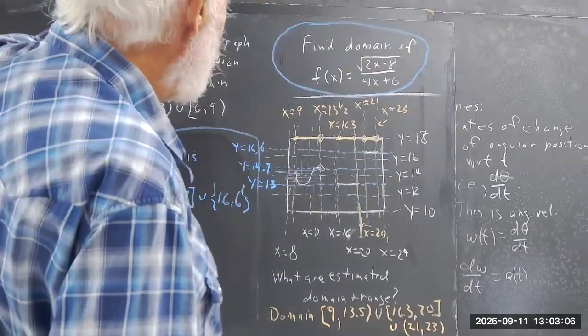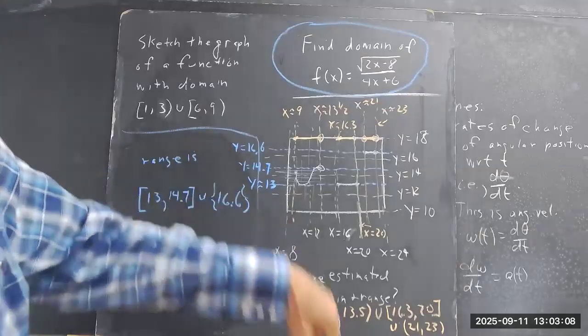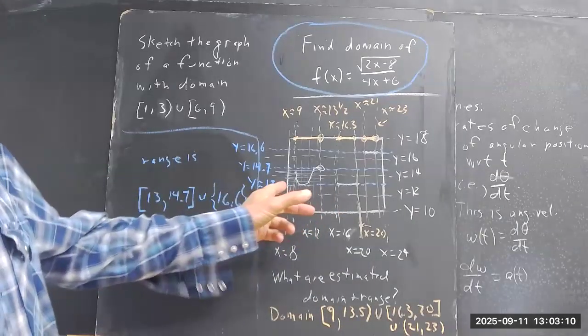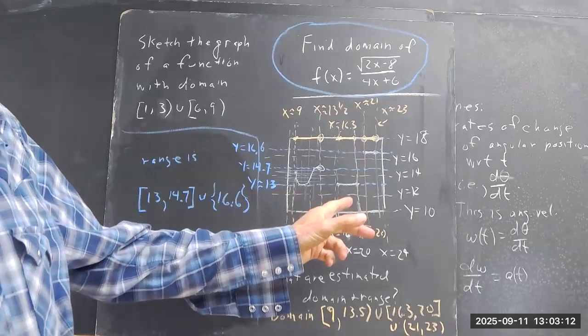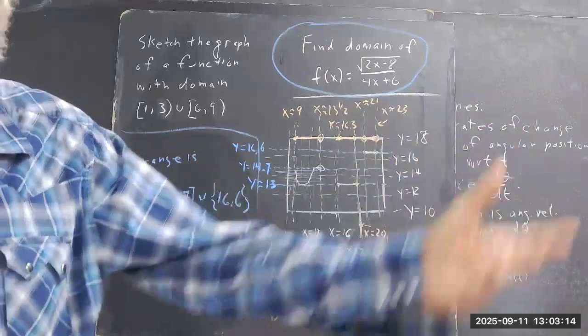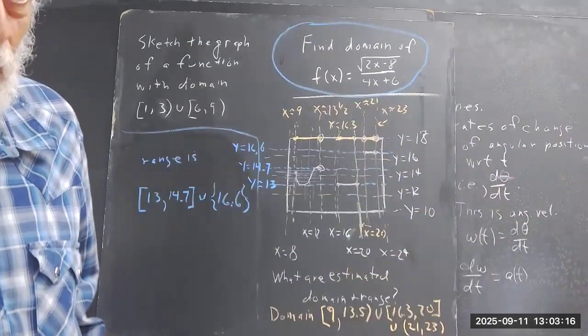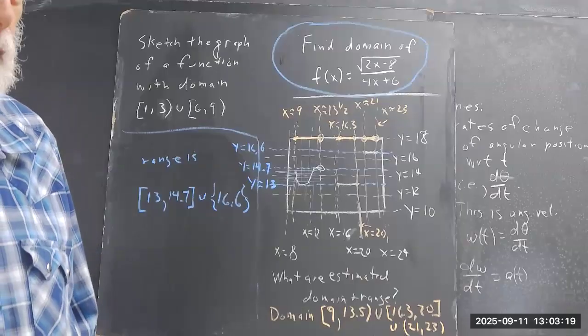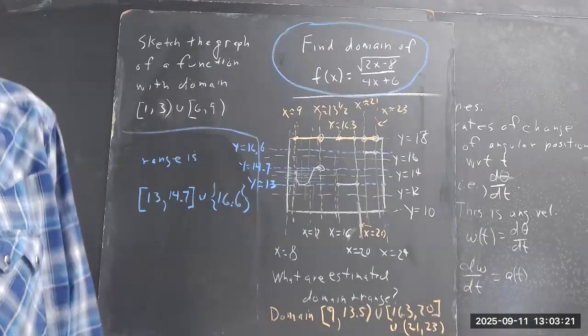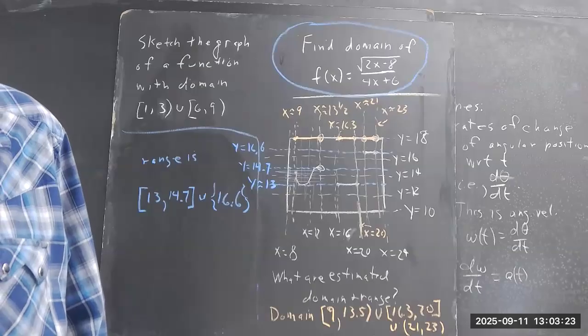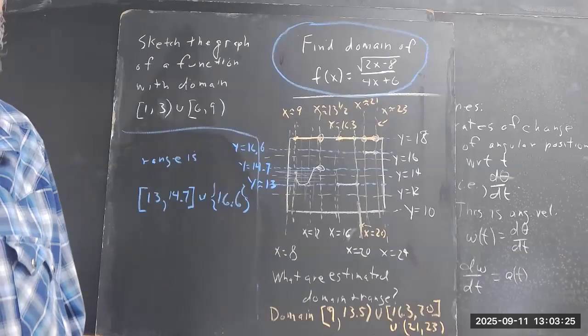All right. Understand what I did here? And understand that was a pretty easy question if you know what the domain and range is. And you had questions in your homework that ask you for the domain and range of these functions, and people did pretty well on them. Okay.